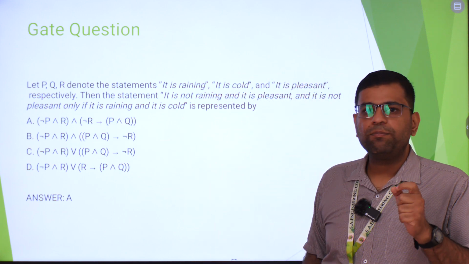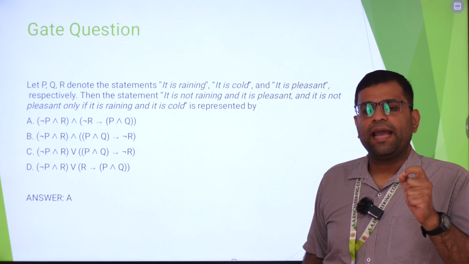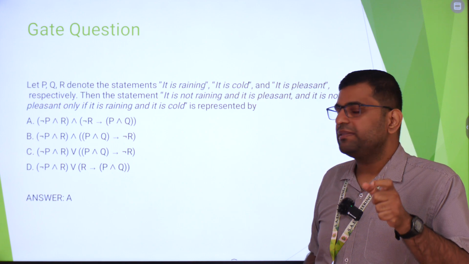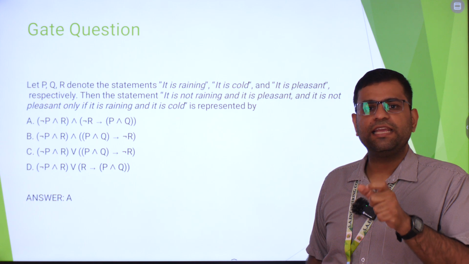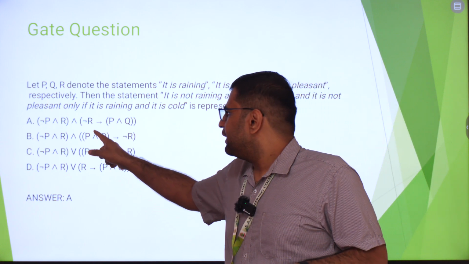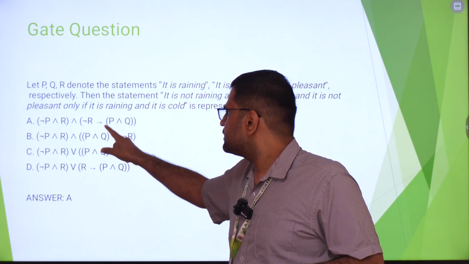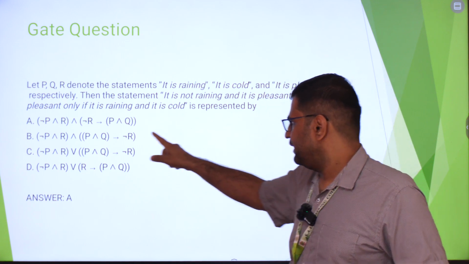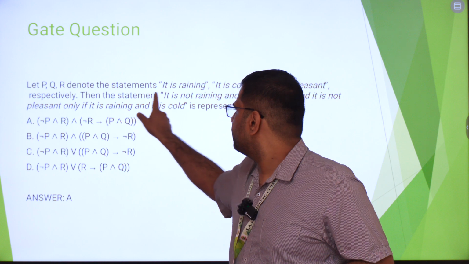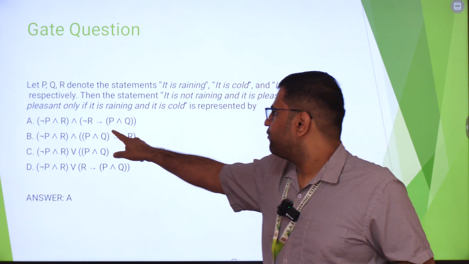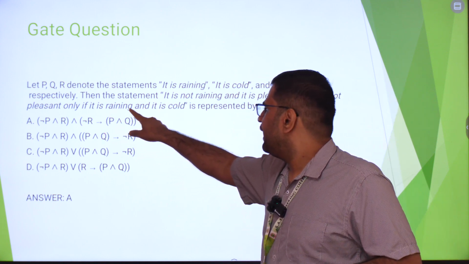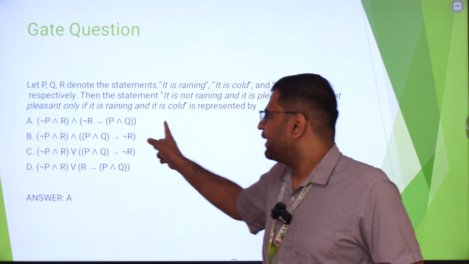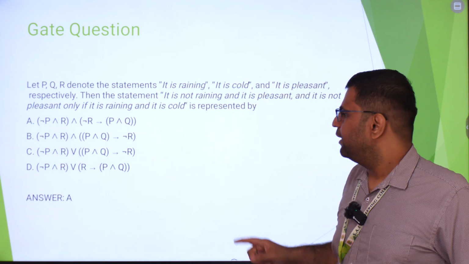So the implication can be expressed in only if, and it can also be expressed in if-then. The option is A, expressing it is not pleasant, which is the negation of or, that leads to it is raining and it is cold. So the correct answer is A.